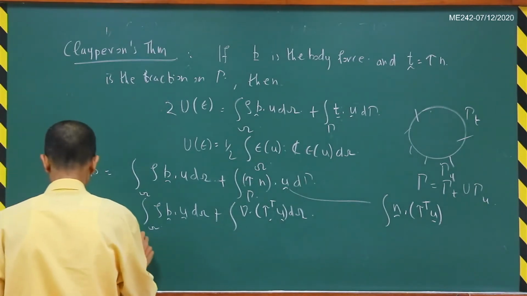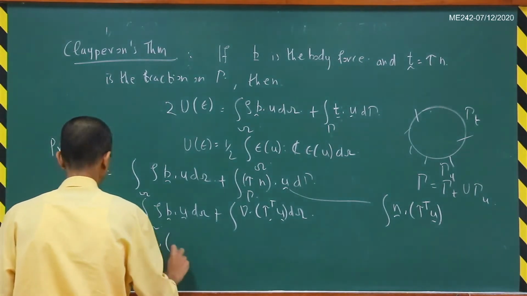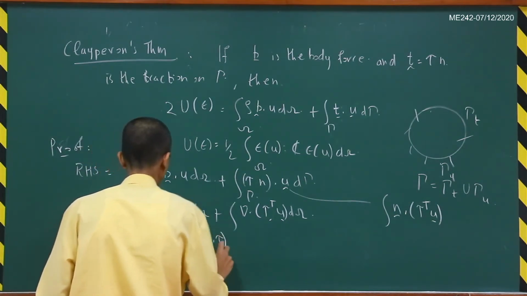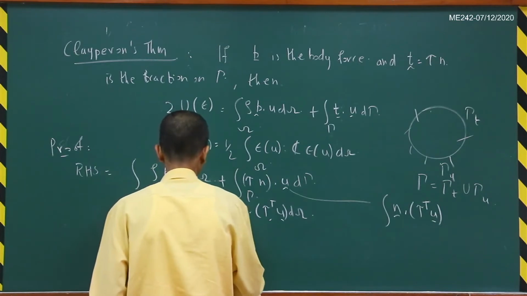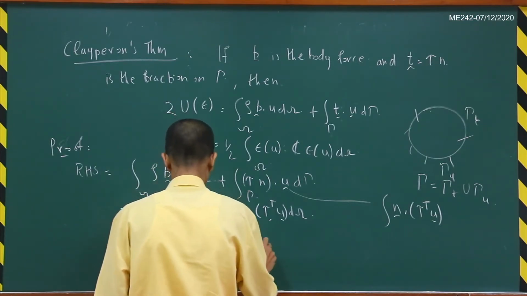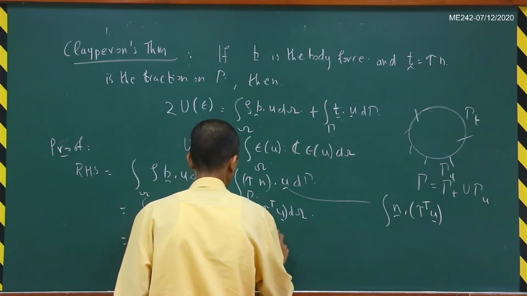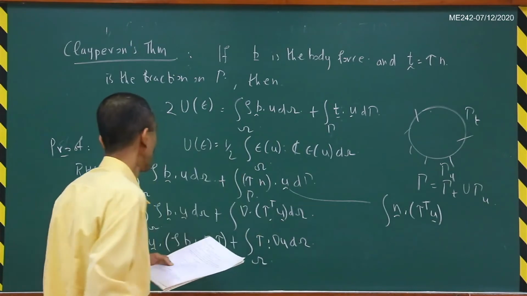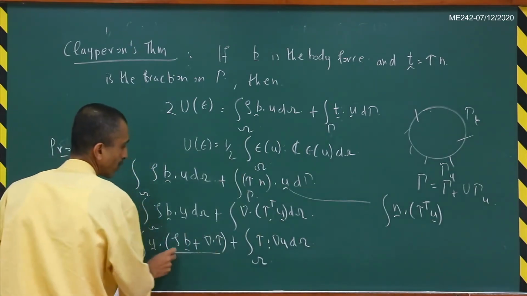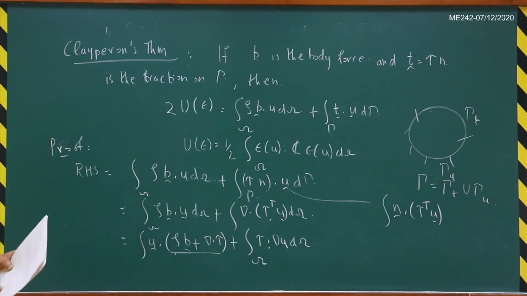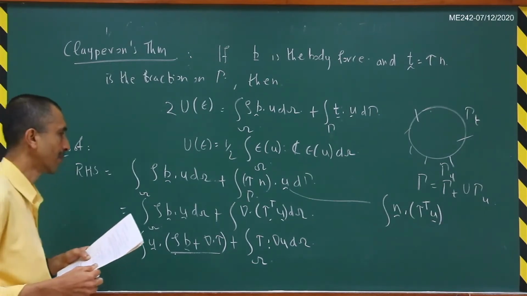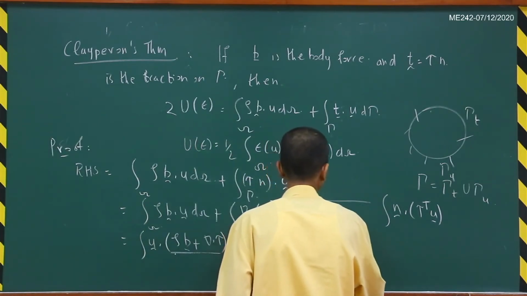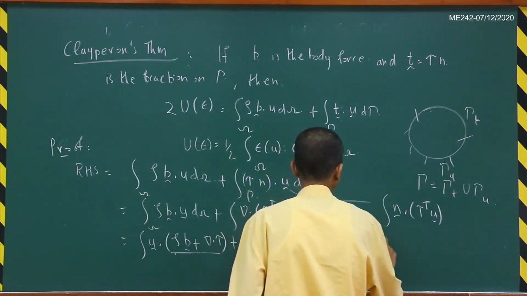So this is equal to integral of u dot rho b plus del dot tau, plus integral of tau matrix inner product del u d omega over omega. And now the first term is equal to 0 because del dot tau plus rho b is 0 by the balance of linear momentum.